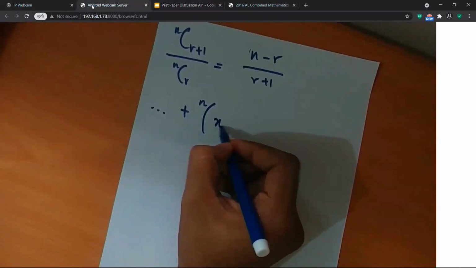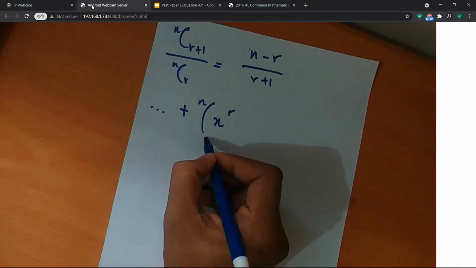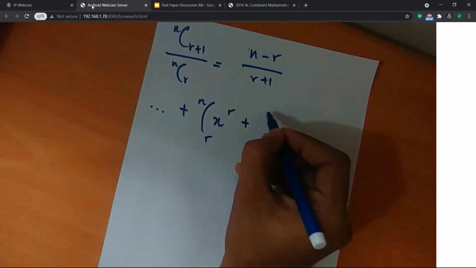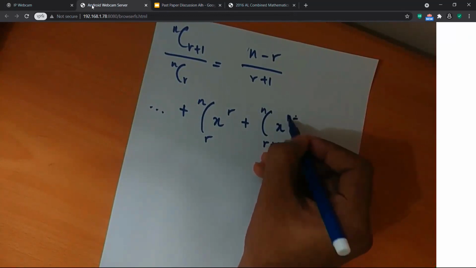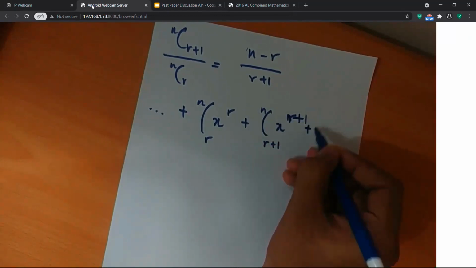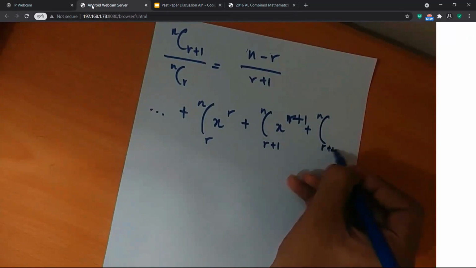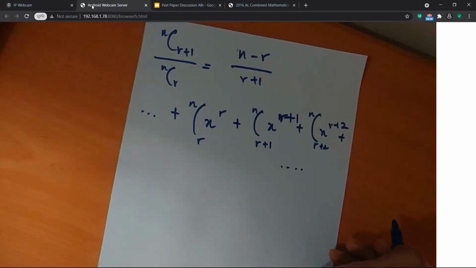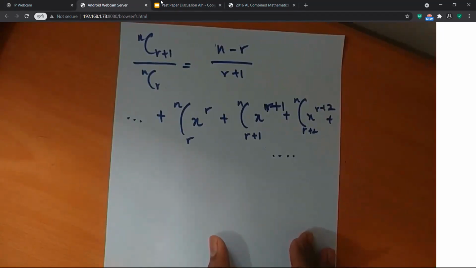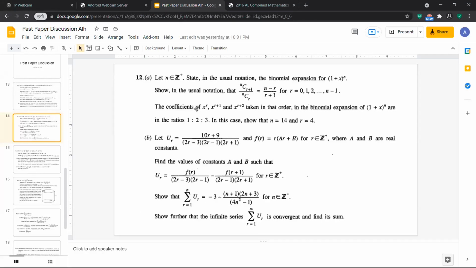If it is x^r, then nCr. x^(r+1) means it's nC(r+1) x^(r+1), plus nC(r+2) x^(r+2), and it goes on. So these are three particular terms in the binomial expansion that we did before.